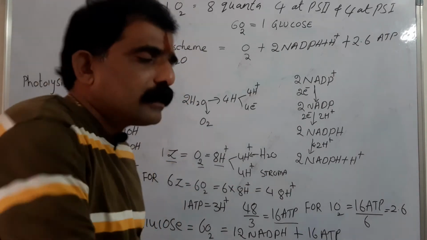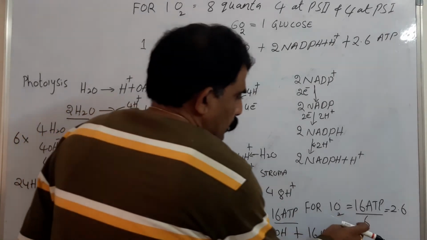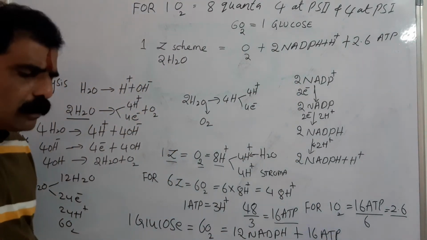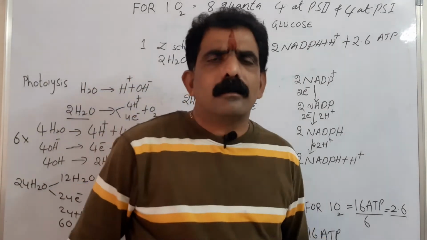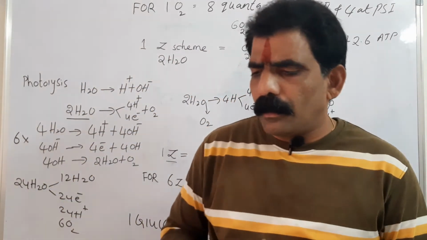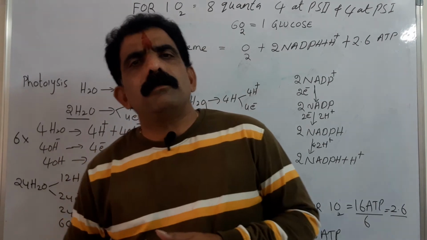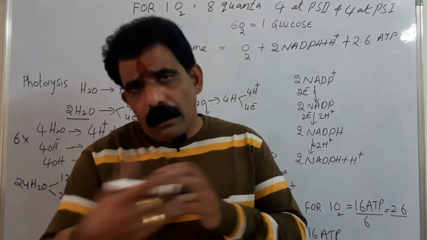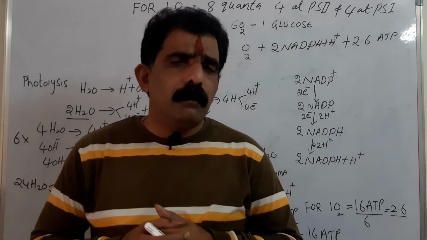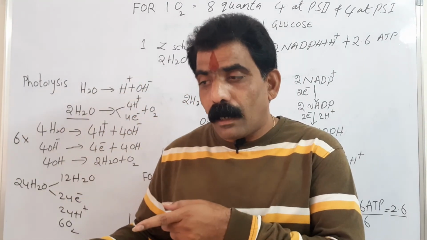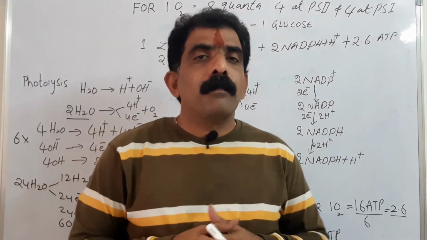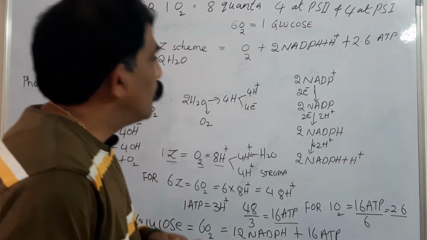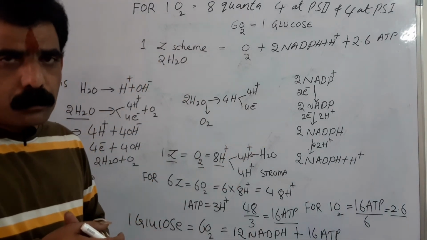For the evolution of 1 oxygen molecule, 16 by 6 equals 2.6 ATPs. Actually, here the protons resulting from photolysis are not only involved in the formation of ATPs through chemiosmosis. Through chemiosmosis, they come back, and while coming back, they form ATPs. After coming into the stroma, the same protons are again added to the NADP, so that it gets reduced to NADPH2.